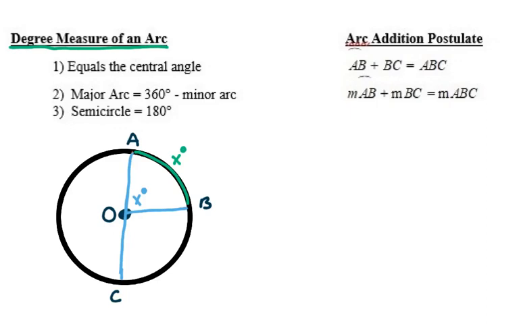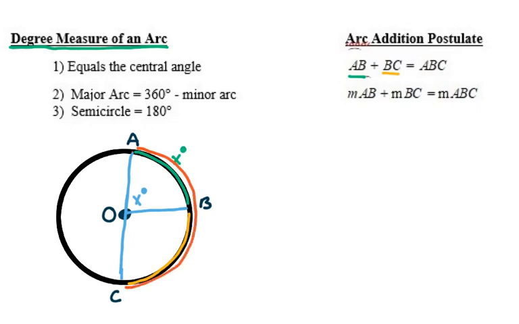I am able to add up these arcs in order to equal the full arc. So for example, I can state here that arc AB, done in green, plus arc BC, we'll do that in yellow, is equal to arc ABC.